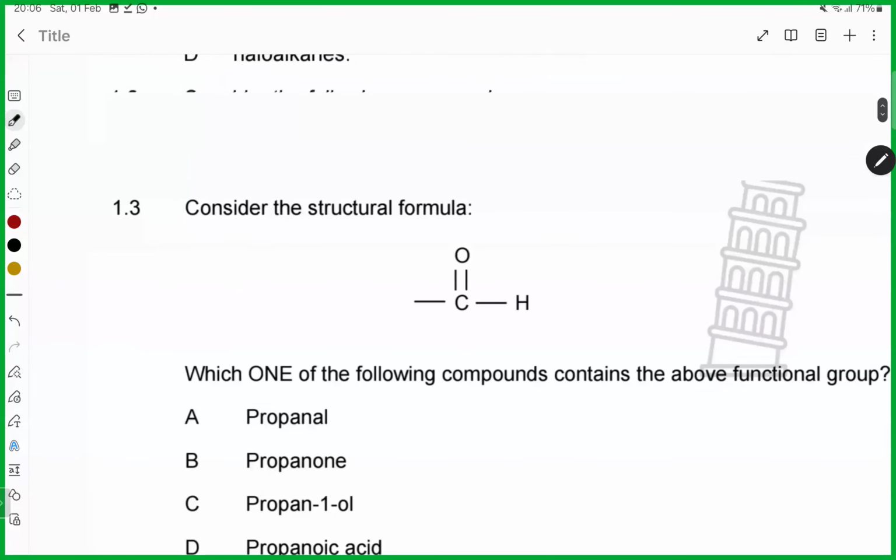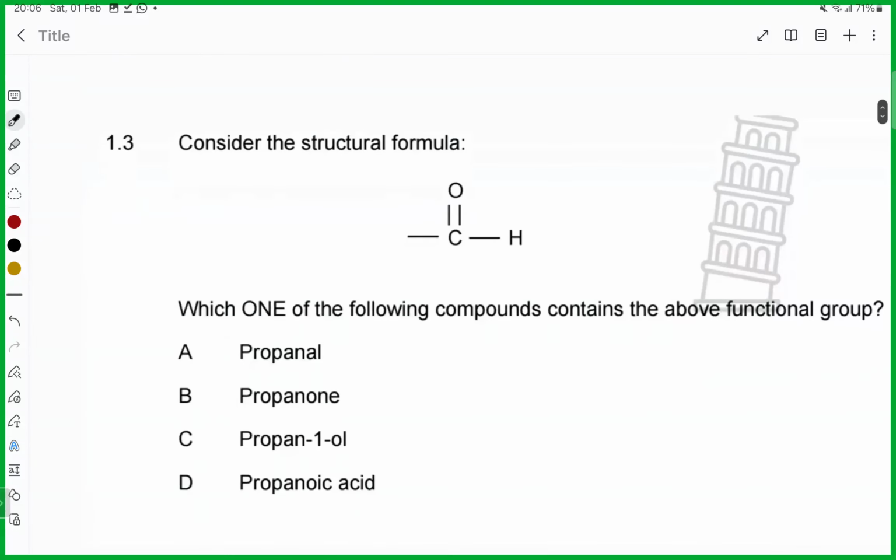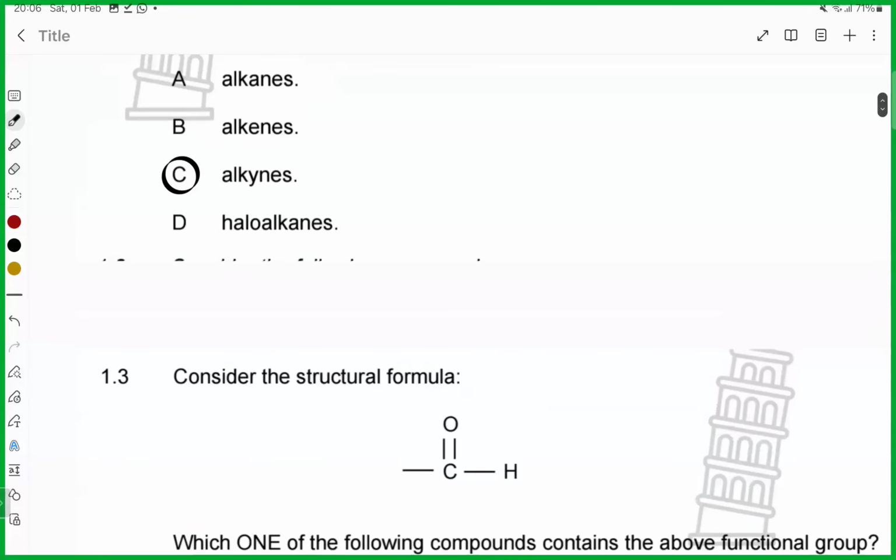C double bond O with the hydrogen at the end is the functional group for which compound? They've given you 4 names. So which one would belong in one of these? And tell me why. Right, let's start off firstly with this here.